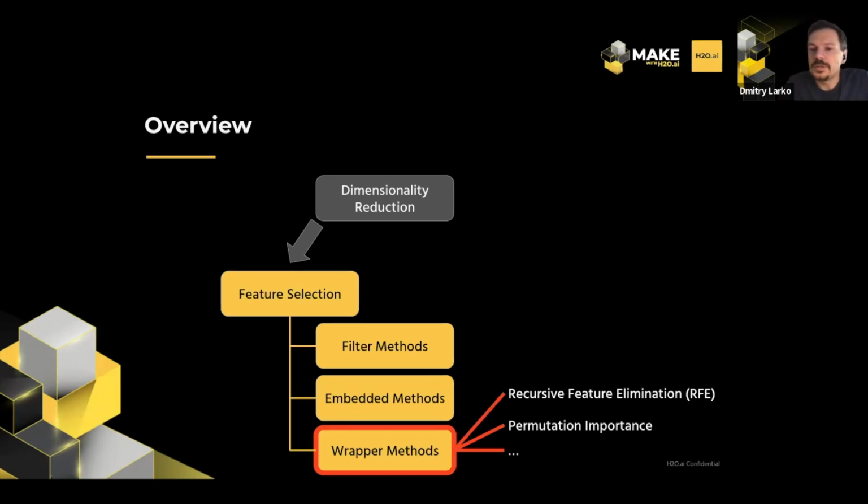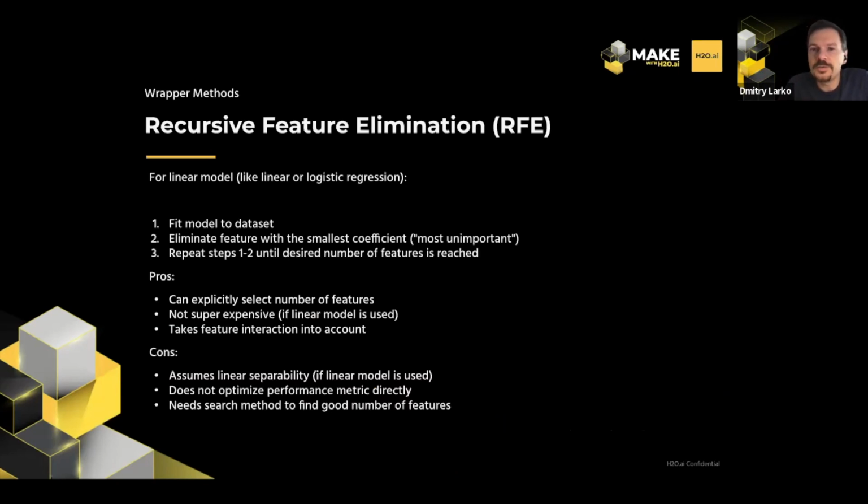So let's start small. Let's start with the recursive feature elimination technique, and next is going to be permutation importance. Recursive feature elimination still requires you to have access to the model internals, in terms of feature importance or coefficients. And the idea is quite simple. You train the model and somehow get a measurement of feature importance.